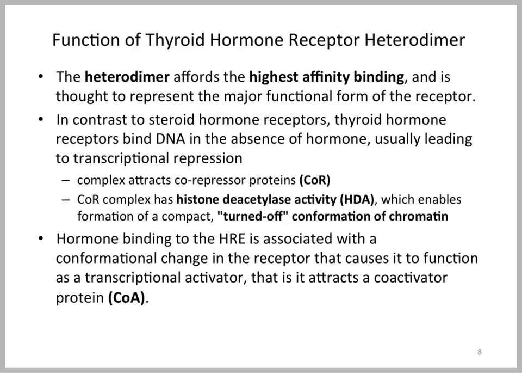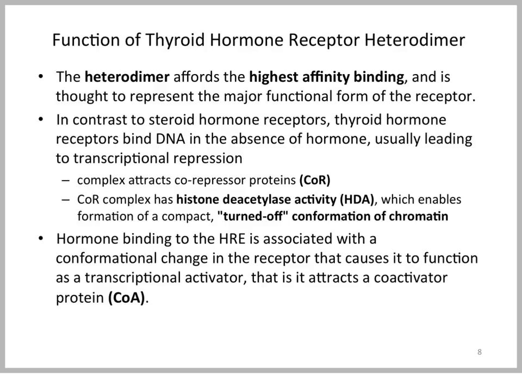So returning to the thyroid hormone, remember we said it's a heterodimer with retinoic acid. The heterodimer complex affords the greatest affinity binding and is thought to be the major functional form of the receptor. And this is in contrast to steroid hormone receptors. Thyroid hormone receptors basically can bind the DNA in the absence of the hormone.